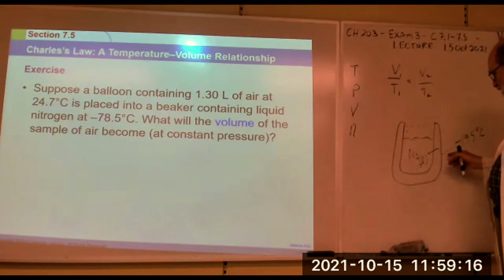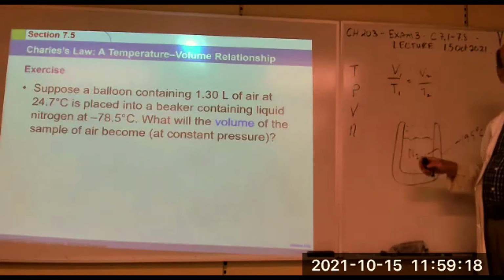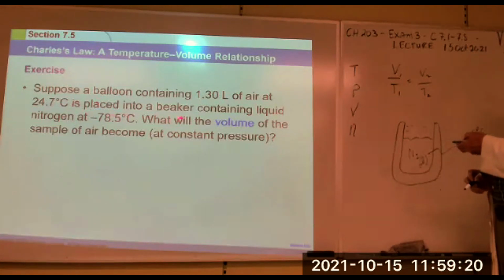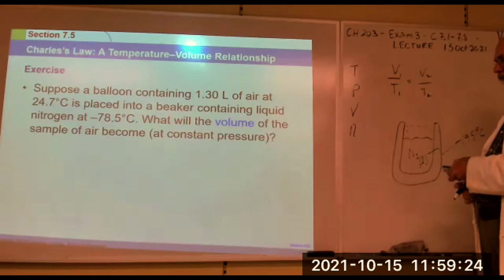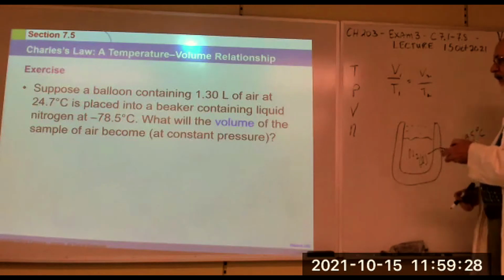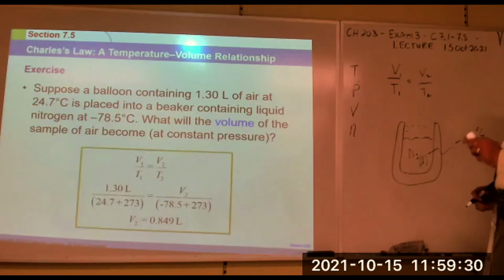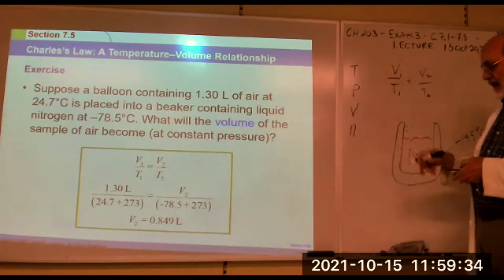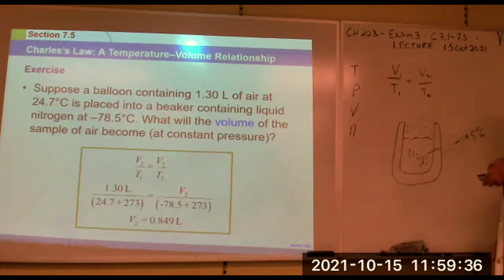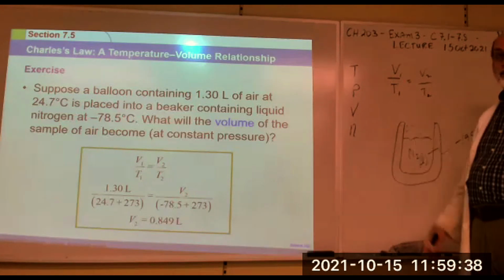They don't want to get it this cold, so they put it in the vapor above it. So it's not really in the liquid nitrogen. Okay, so what would the volume be? You just be sure that you put these values in the correct place, and then you can solve for that answer and change your temperatures to Kelvin.